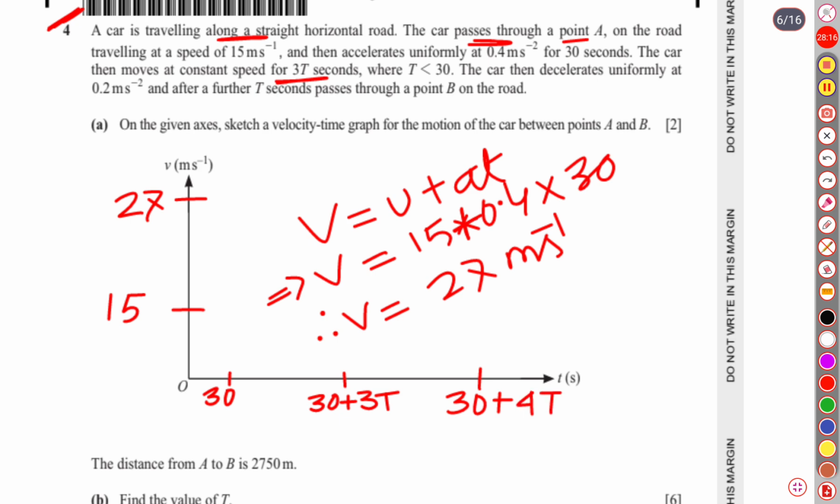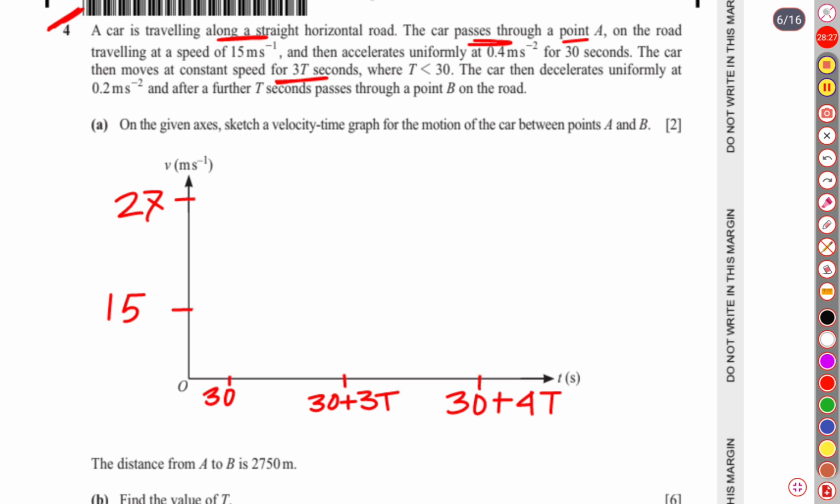Then we are going to complete our diagram. Let me erase these unnecessary parts. In the first 30 seconds, its velocity was 27. So let us write here 27 at 30 seconds.